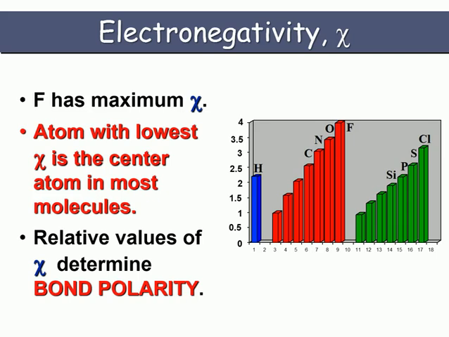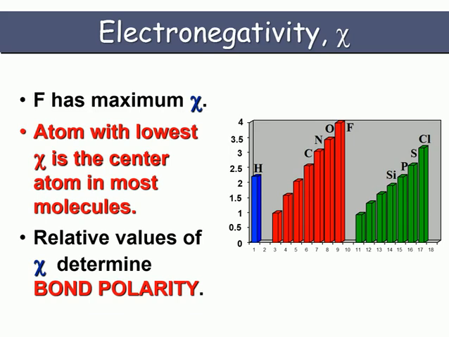The other thing that's important about knowing electronegativity is we're going to use that to choose what element may be in the middle of a bunch of other atoms for molecules. So not only are we going to be able to tell something about the type of bonding as elements bond with each other, but we're going to be able to tell something about how to arrange them from this term electronegativity.